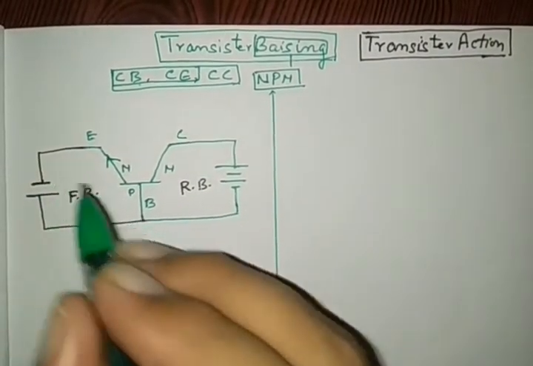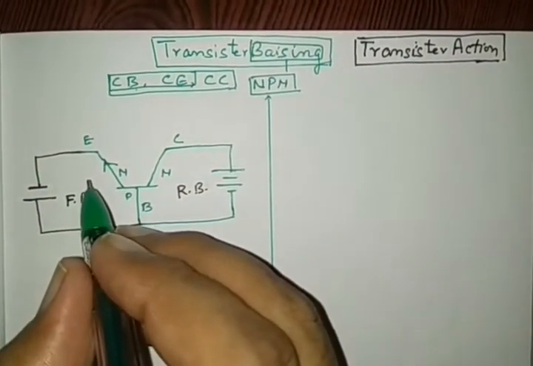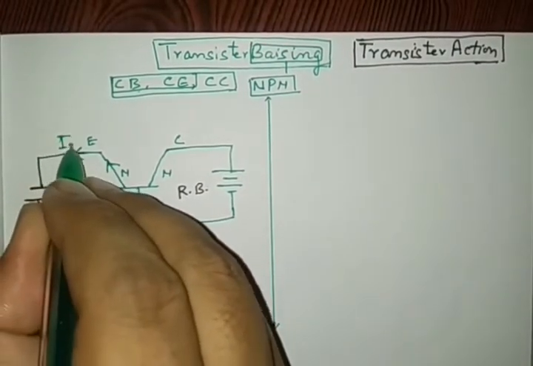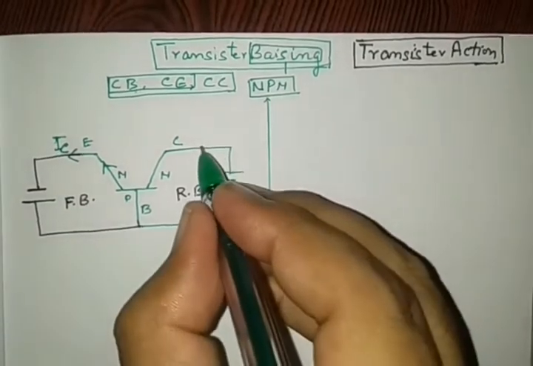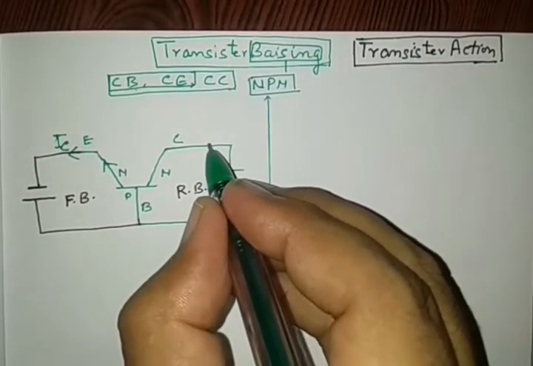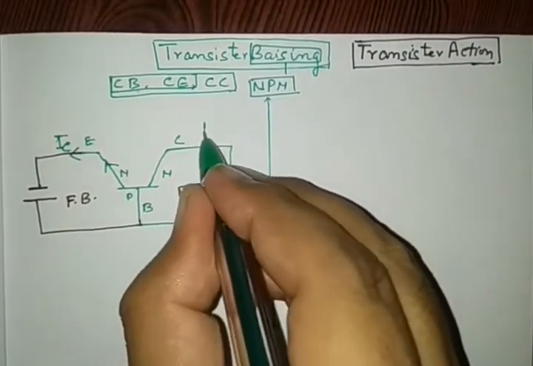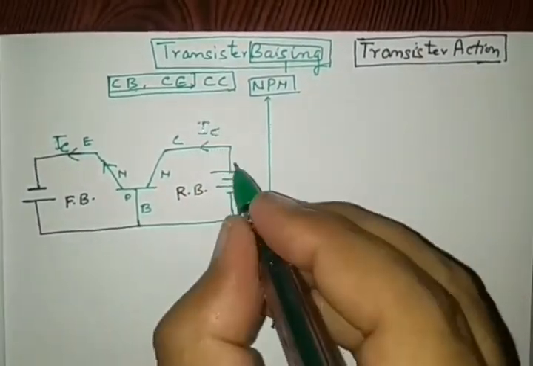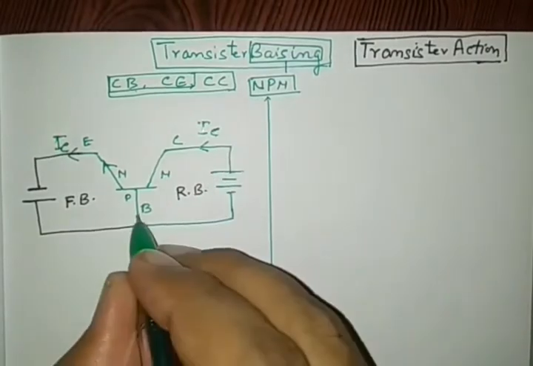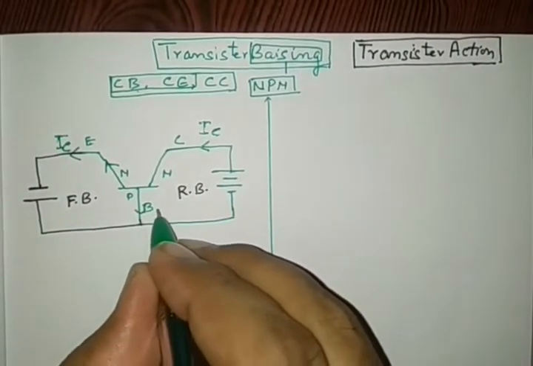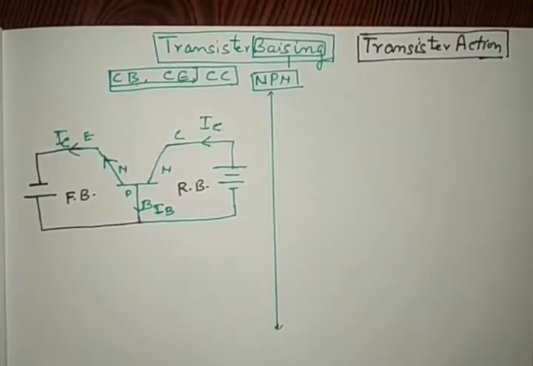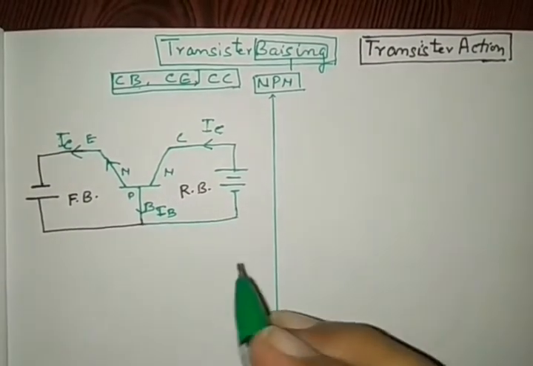See carefully. Here in this circuit, you see the emitter current. What is this current called? Collector current, IC, and it is IB, the base current, the common, right?